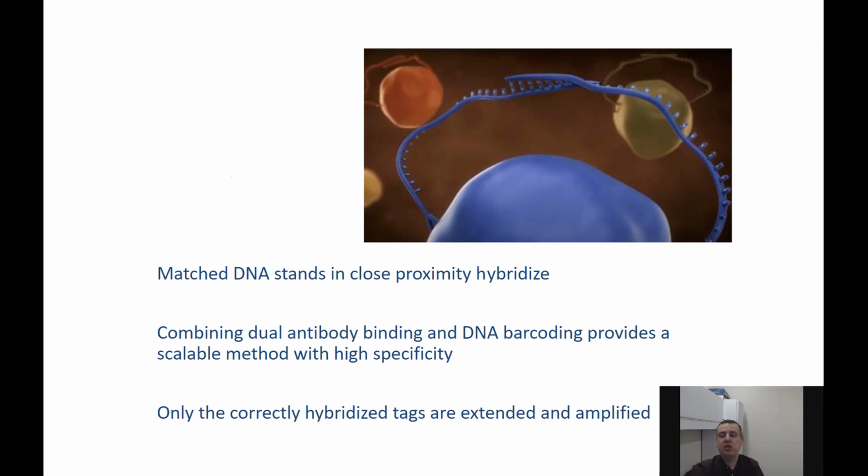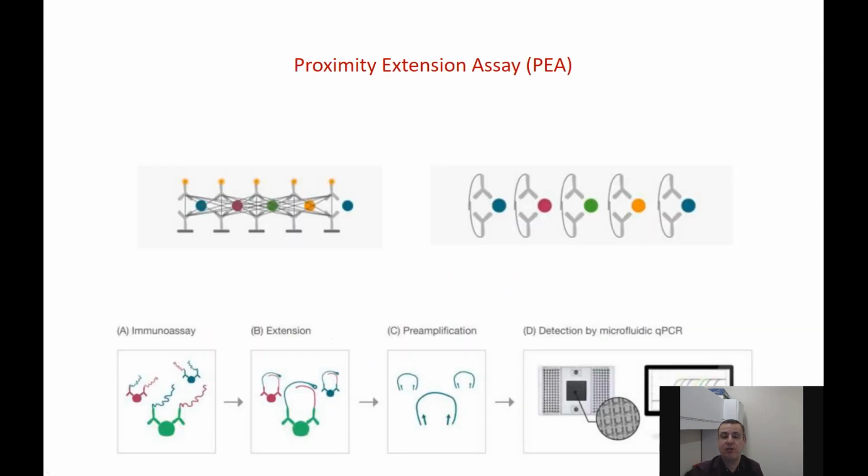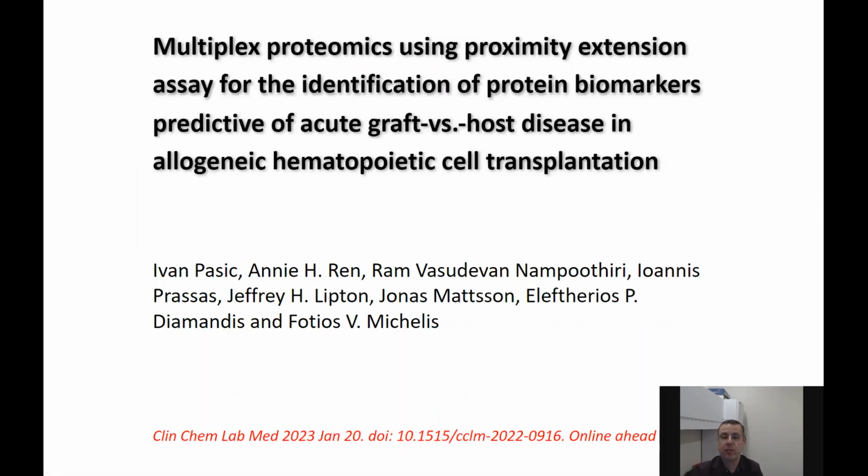The matched DNA strands in close proximity hybridize, and combining this dual antibody binding and DNA barcoding provides a scalable method with very high specificity, because only the correctly hybridized tags are extended and amplified.